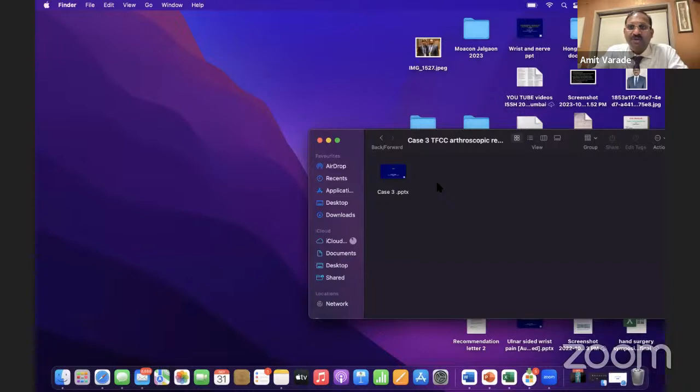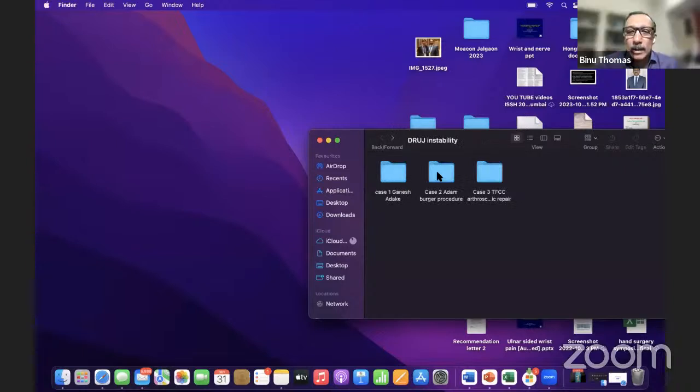We took 2 or 3 knots on one side and 2 or 3 knots on the other side. Okay, so it is a very strong repair. Very good, and it saves a lot of time as compared to the transosseous type. Very good case. Yeah, thank you, sir.